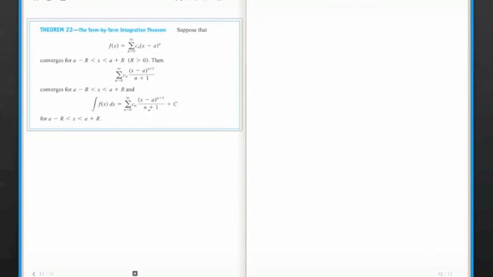I can integrate this one term by term. And so if I went back to, I'll do it over here just because it makes some room. I know that 1 over 1 minus x, well, that could really come from 1 plus x plus x squared plus x cubed plus x to the 4th plus dot dot dot.